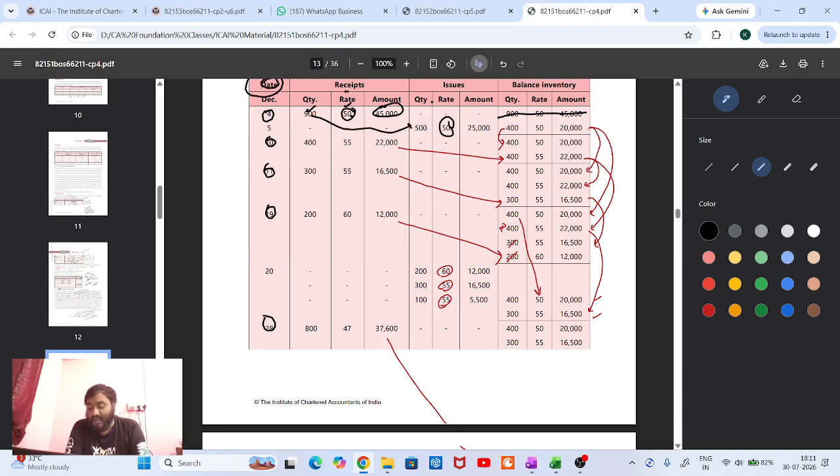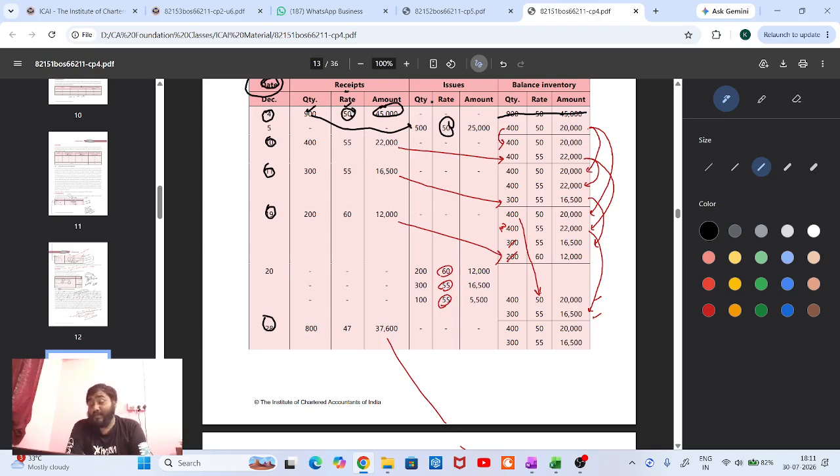This is what we have to interpret, like the FIFO method. You first purchase pens at 10 rupees. Later you are selling the same pens that cost 10 rupees.